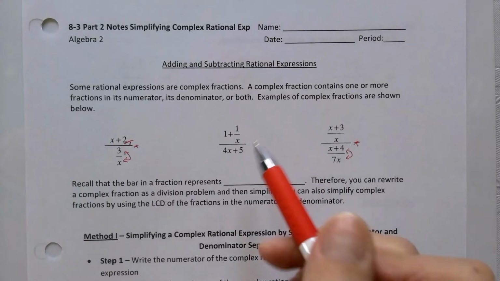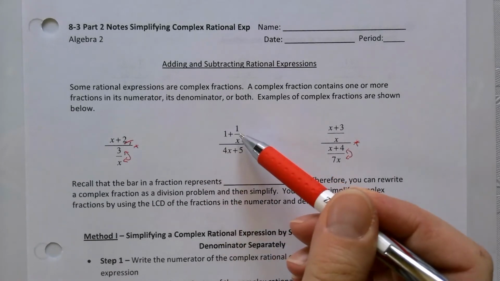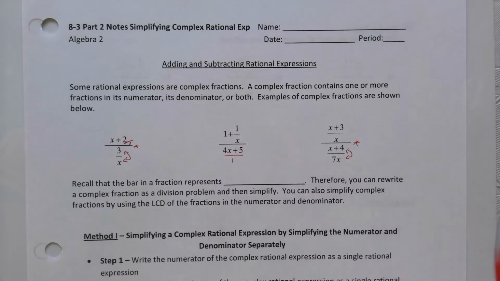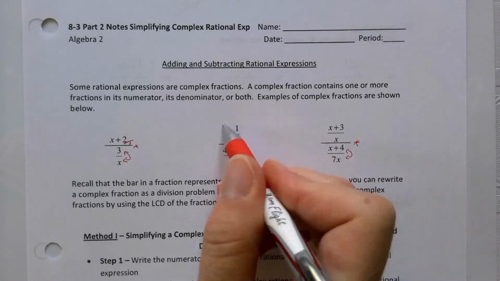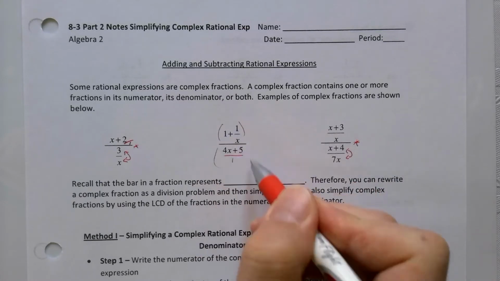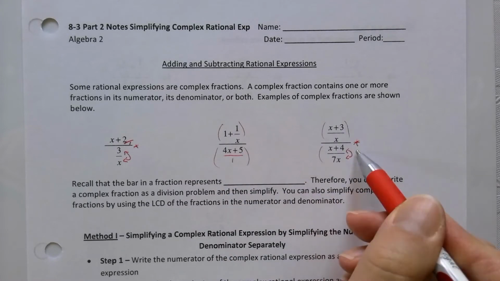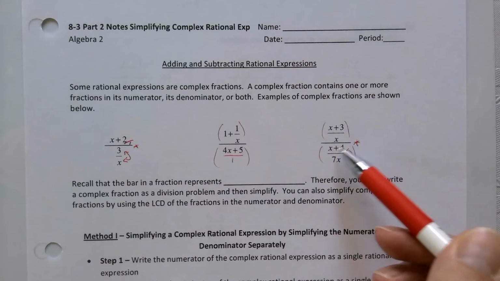The problem in this middle one is that I have fractions. I have two fractions in the top over this fraction down here. So I cannot come in and multiply by the reciprocal. I actually have to do this first. So anytime we have problems where the numerator is in parentheses and the denominator is in parentheses, those are given. And so I leave this alone, I multiply by the reciprocal.